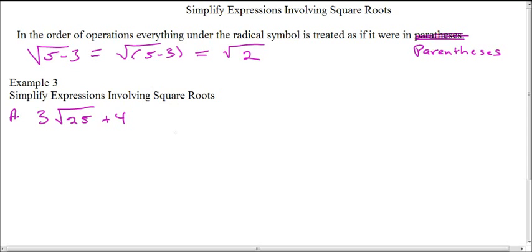So the first thing we want to do is simplify the square root.